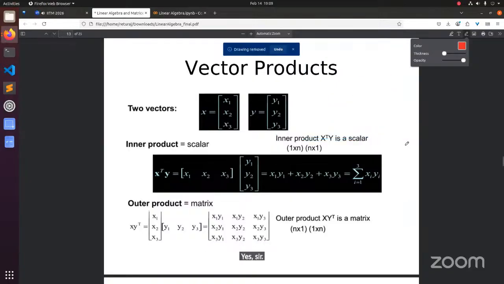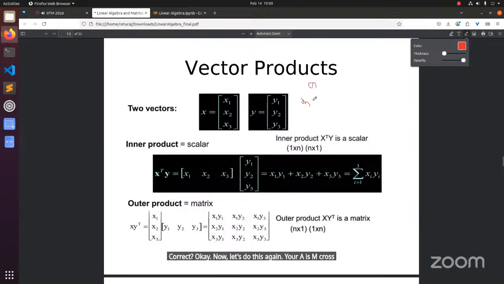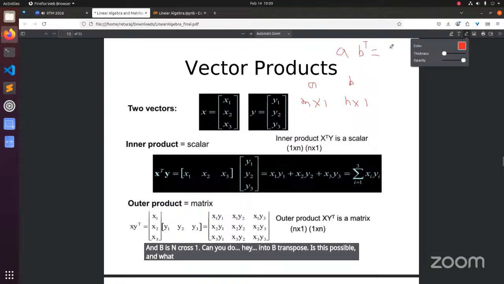Now let's do this again. Your A is M cross 1 and B is N cross 1. Can you do A into B transpose? Is this possible? And what is the size of the matrix C? Here again, M and N are not equal.